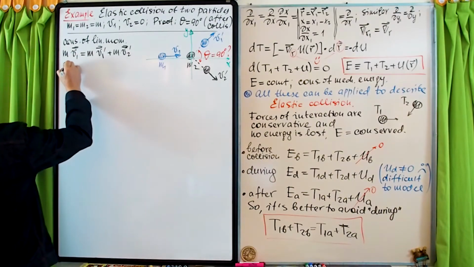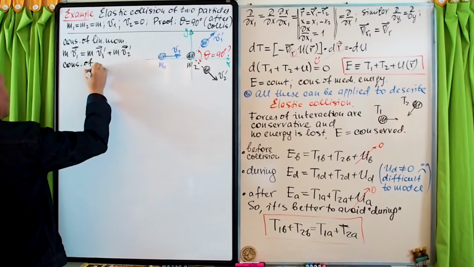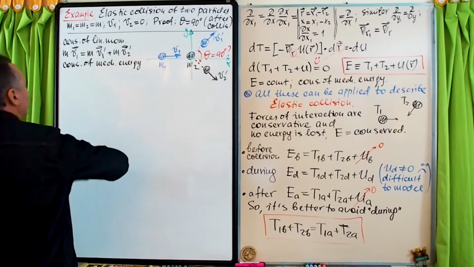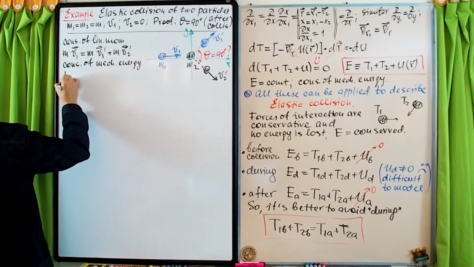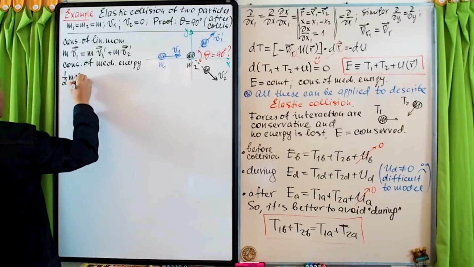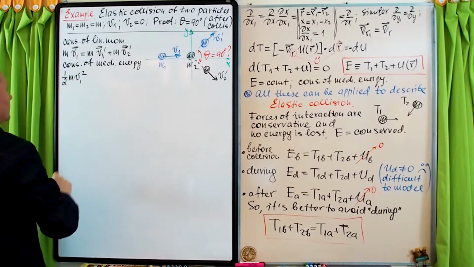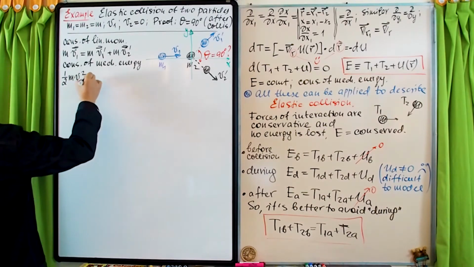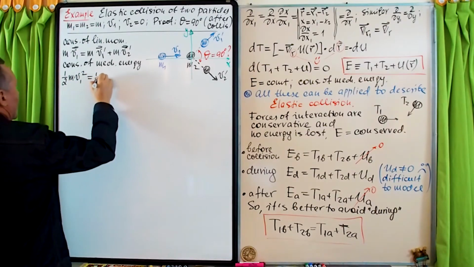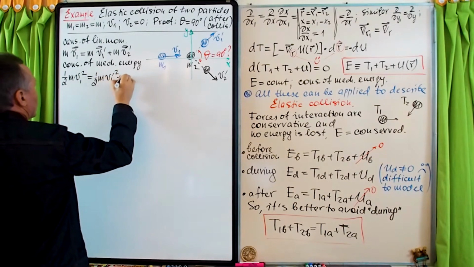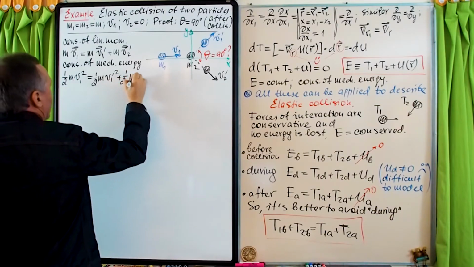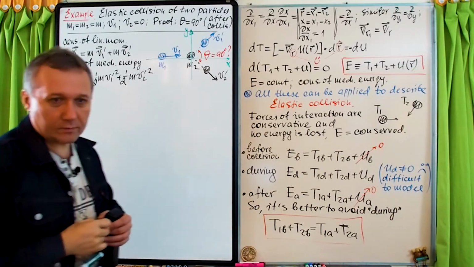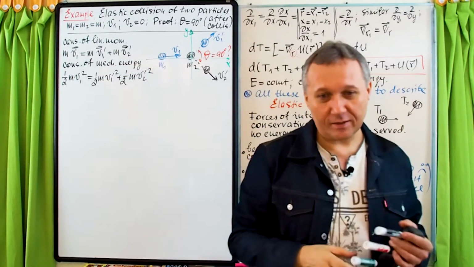So one half m v1 squared, since the kinetic energy of the second particle before is 0, is equal to one half m v1 prime squared plus one half m v2 prime squared. So two equations, and hoping that it will be enough.